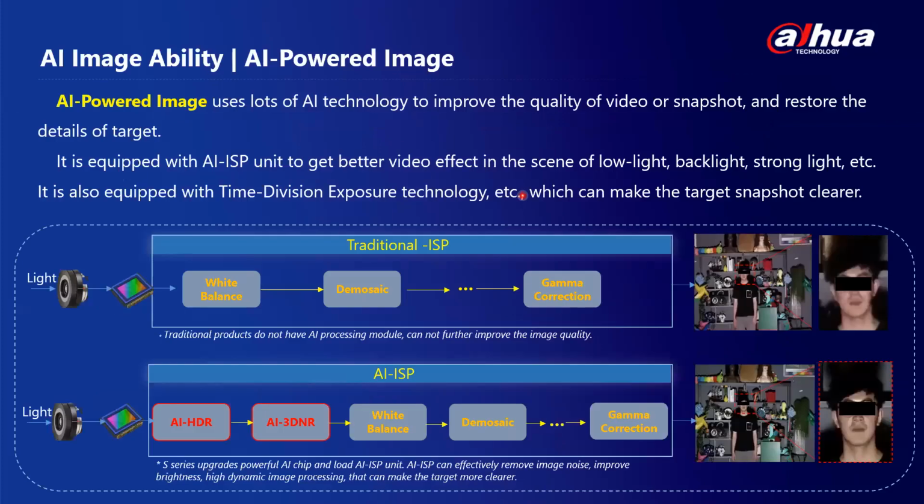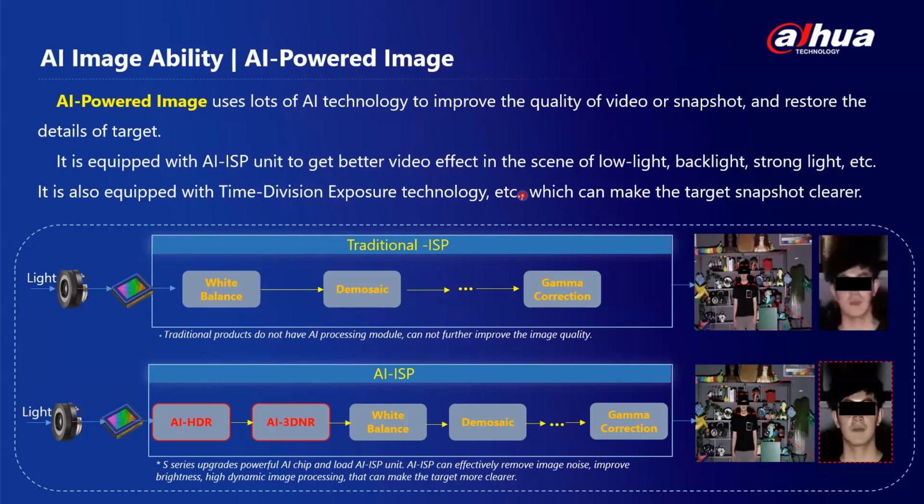So this is for AI powered image. In this case, we'll start by describing some of these functions here. AI powered image tends to use a lot of AI technology, and the reason it uses this AI technology is basically to improve the quality of the video or the snapshot collected by the cameras.